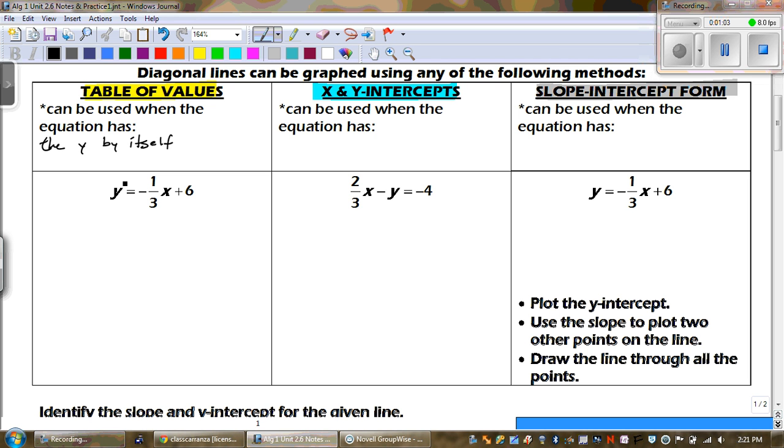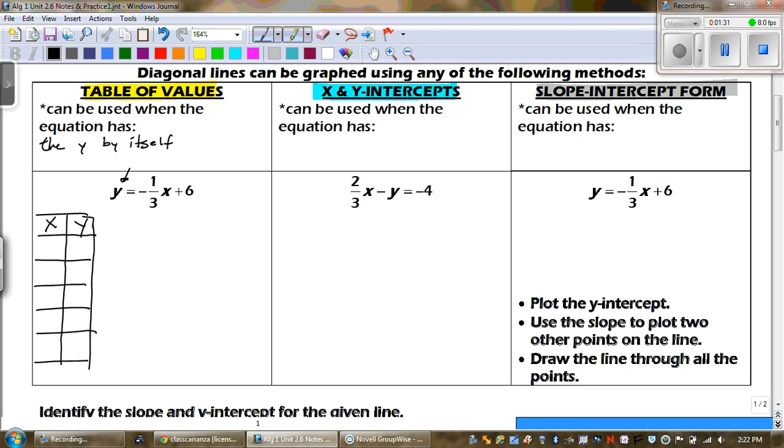If you see right here, the y is all by itself, and the directions say, all right, create a table of values. That means you need to write that down, okay? And when you're doing a table, we have 1, 2, 3, 4, 5 points, okay? If you want to make it all nice and pretty, you can put a box around it, okay?